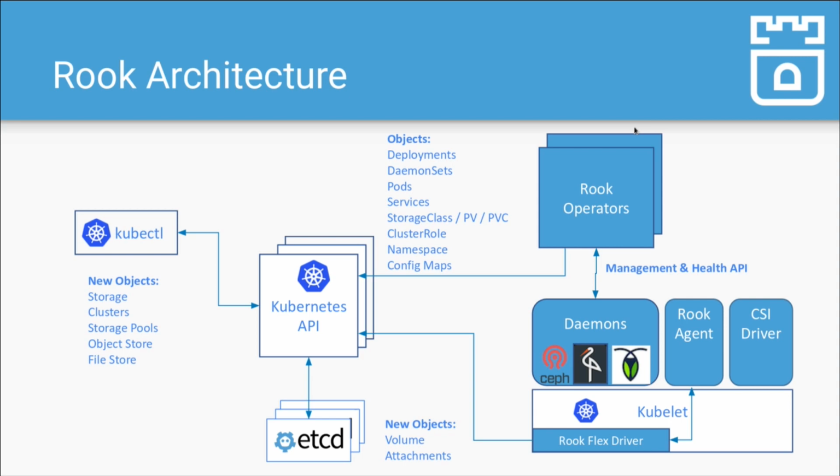So this is an overview of the Rook architecture. To begin, on the left, we have the kubectl command, which is usually the entry point for doing anything in Kubernetes. And there you're going to define certain objects you want to set up that are related to Rook, and that might involve setting up your Ceph cluster or creating a file system, and that all goes through the Kubernetes API.